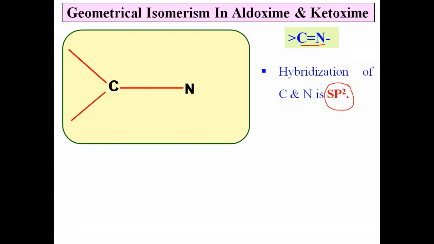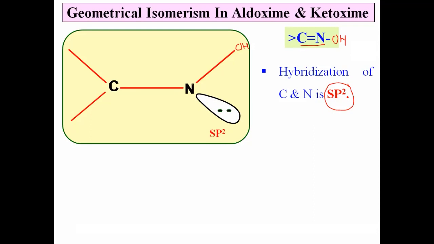That carbon again has two sigma bonds, formed due to axial overlapping. Nitrogen also forms one sigma bond with OH. Nitrogen also has one more hybrid orbital, the sp2 hybrid orbital, and this sp2 hybrid orbital has a lone pair of electrons.